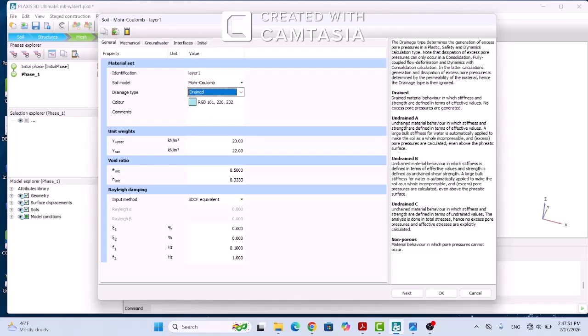So everything is based on effective stresses.